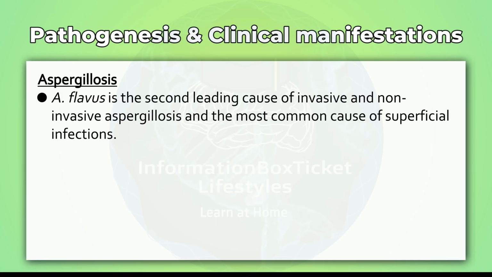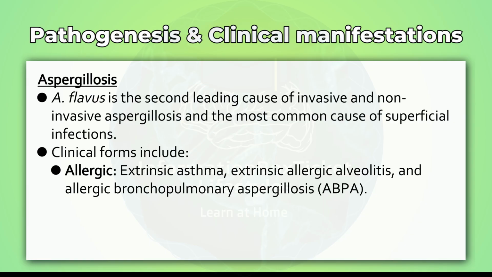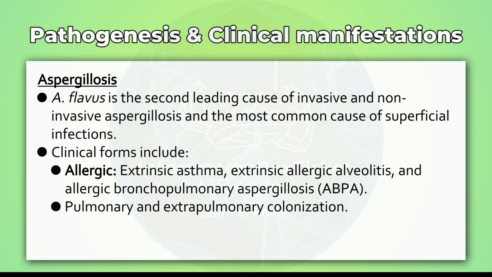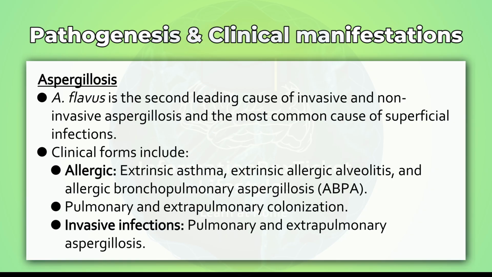Aspergillosis. Aspergillus flavus is the second leading cause of invasive and non-invasive aspergillosis, and the most common cause of superficial infections. Clinical forms include allergic, extrinsic asthma, extrinsic allergic alveolitis, and allergic bronchopulmonary aspergillosis, pulmonary and extrapulmonary colonization, invasive infections, pulmonary and extrapulmonary aspergillosis.